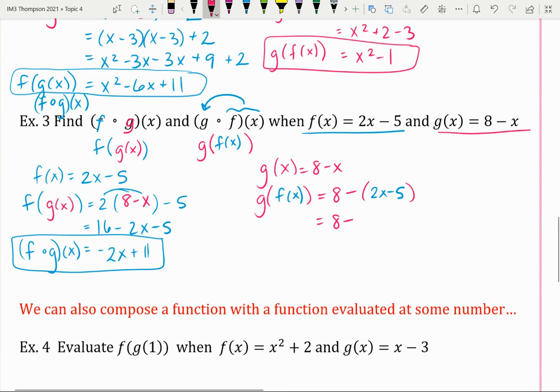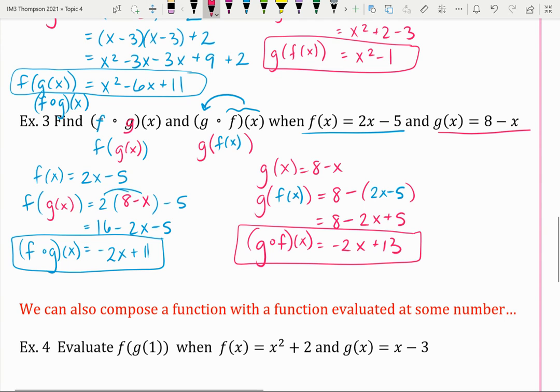I've got subtracting some parentheses here, so we'll make sure that we distribute that through. So g of f of x is negative 2x plus 13.